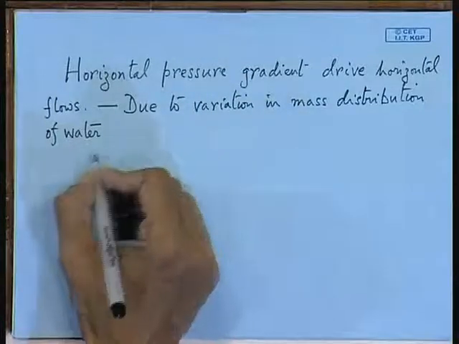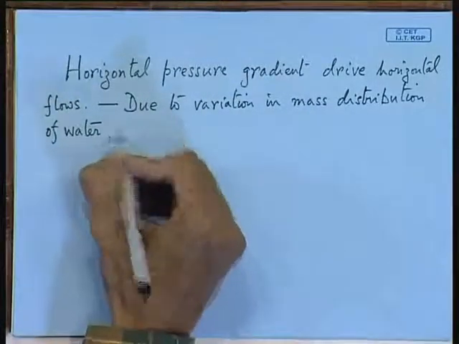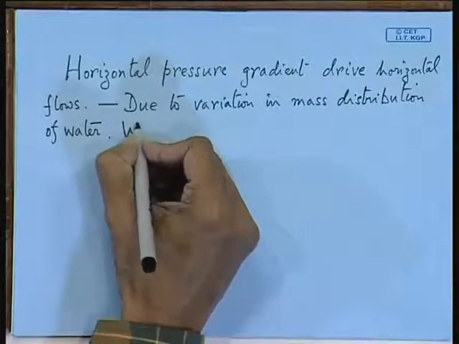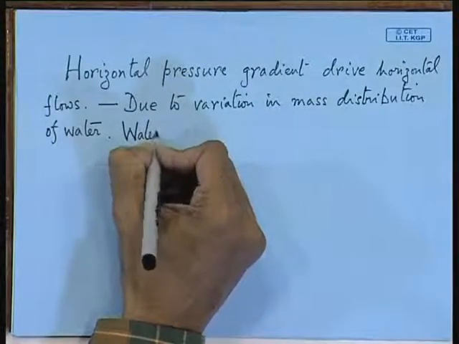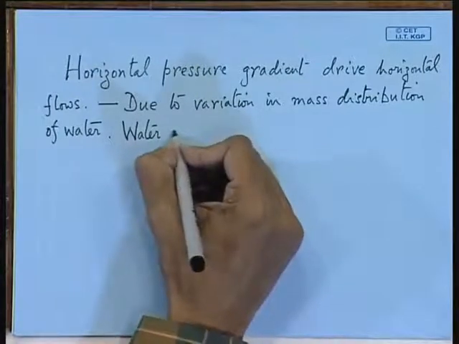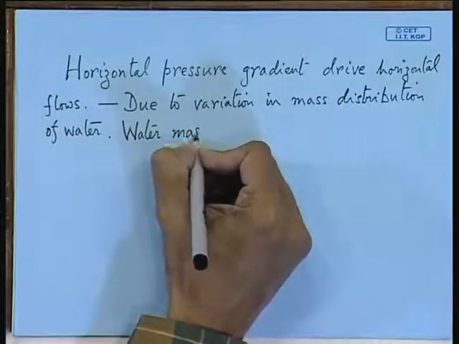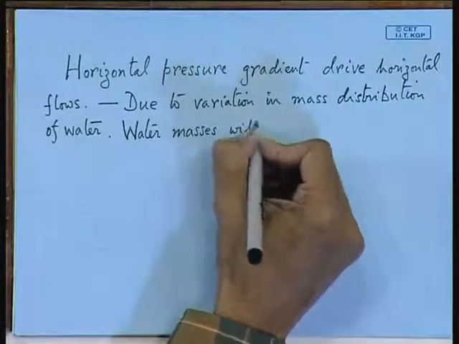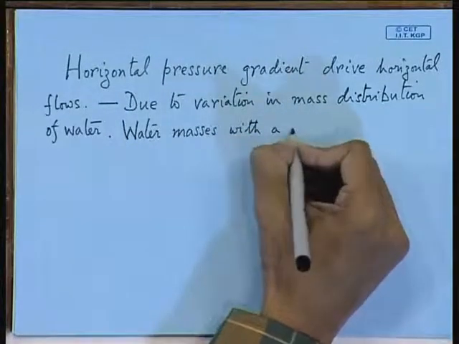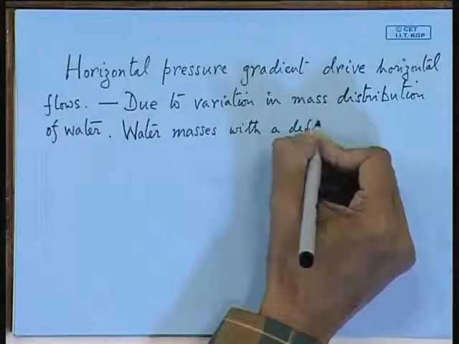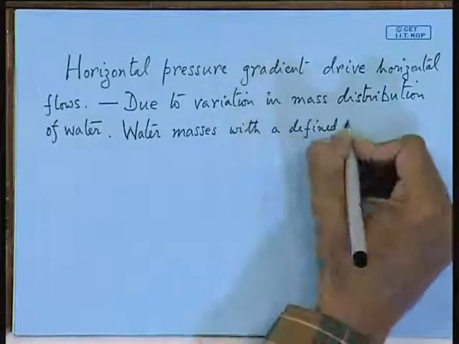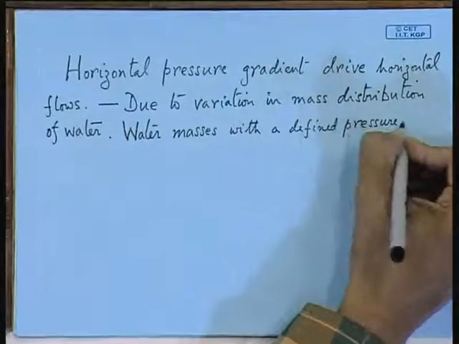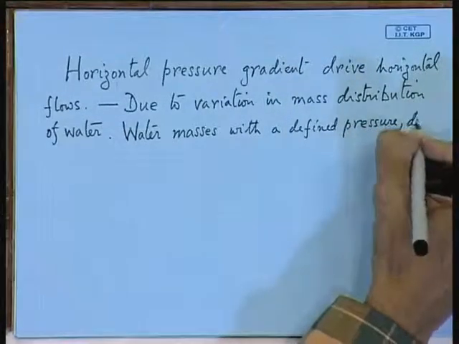So, normally oceanographers identify water masses with a defined pressure, or sometimes they say it depends, because pressure depends on density, so also density.